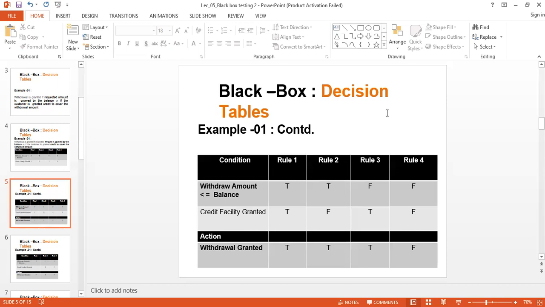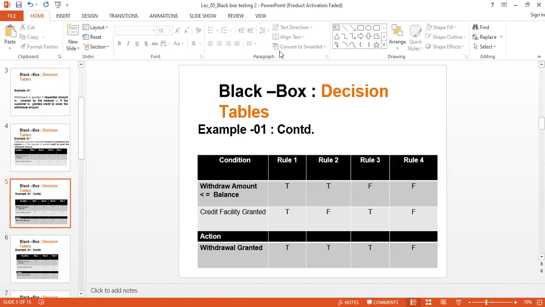Since those kinds of things happen, we can collapse them based on common behaviors. We can merge sets of rules and reduce the input combinations.